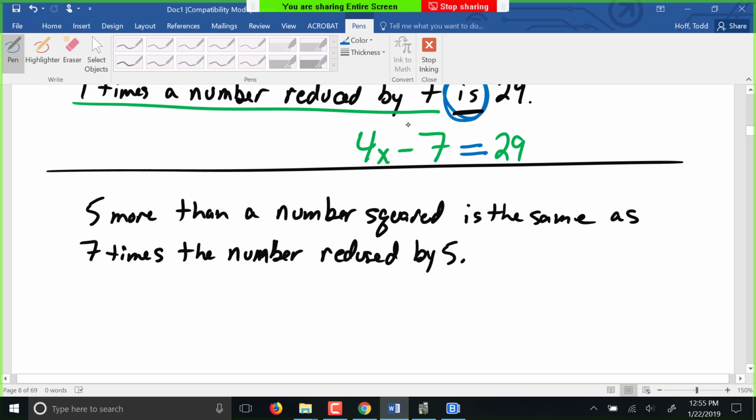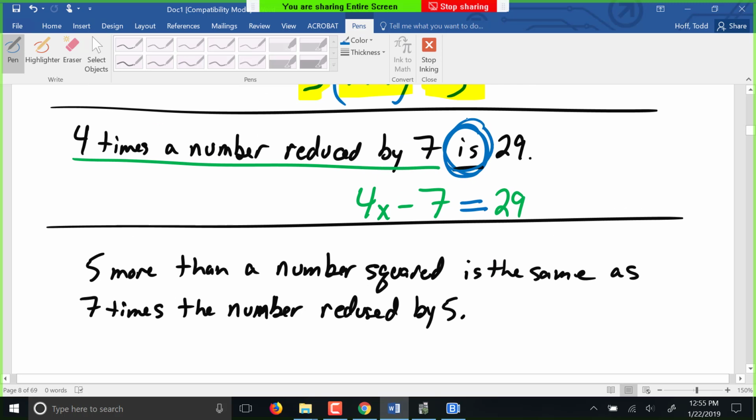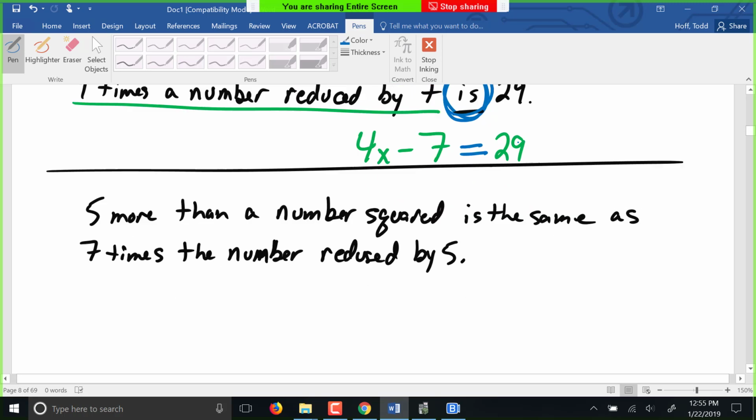So a lot of times in these problems, it helps to identify, just like we did in this first example up here, where the equal sign is. In this phrase here, what set of words, what phrase stands for the equal sign? Is the same as.